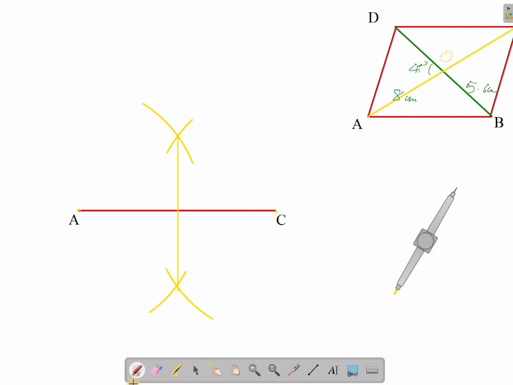So we have the midpoint is O. Now you see at O I need to draw 45-degree angle. Okay, so let's do that. At O I will draw 45 degree, either here or here, it's your choice.